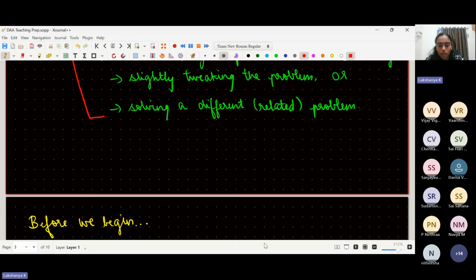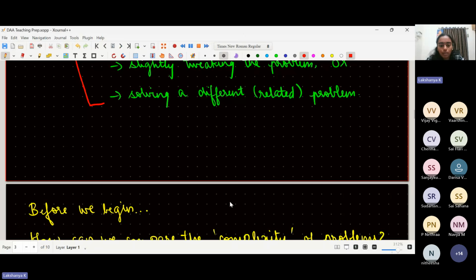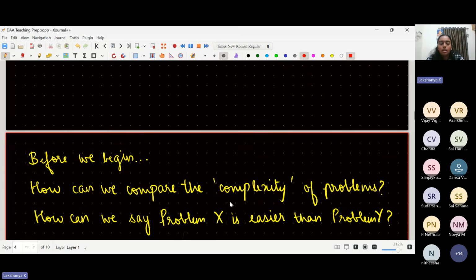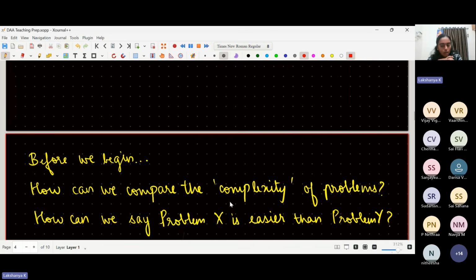No? Okay, moving on. Before we begin, how can we compare the complexity of problems? I'm not talking about the efficiency of solutions. I'm talking about the complexity of problems themselves. How can I say this problem X is easier or tougher than problem Y? What's the method to judge?